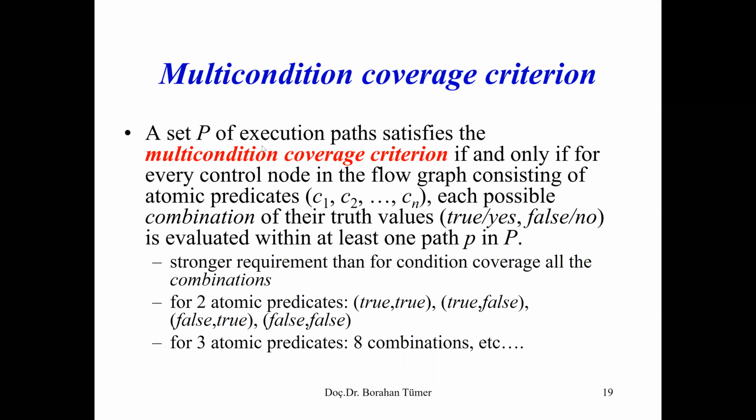A set P of execution paths satisfies the multi-condition coverage criterion if and only if for every control node in the flow graph consisting of atomic predicates C1 through Cn, pay attention to this part: each possible combination of their truth values, true (yes) or false (no), is evaluated within at least one path P. So each possible combination of their truth values.